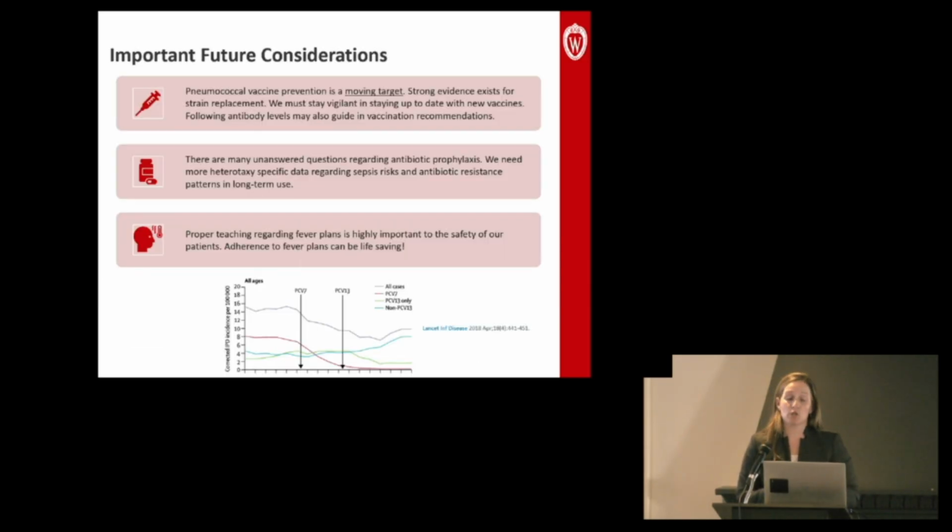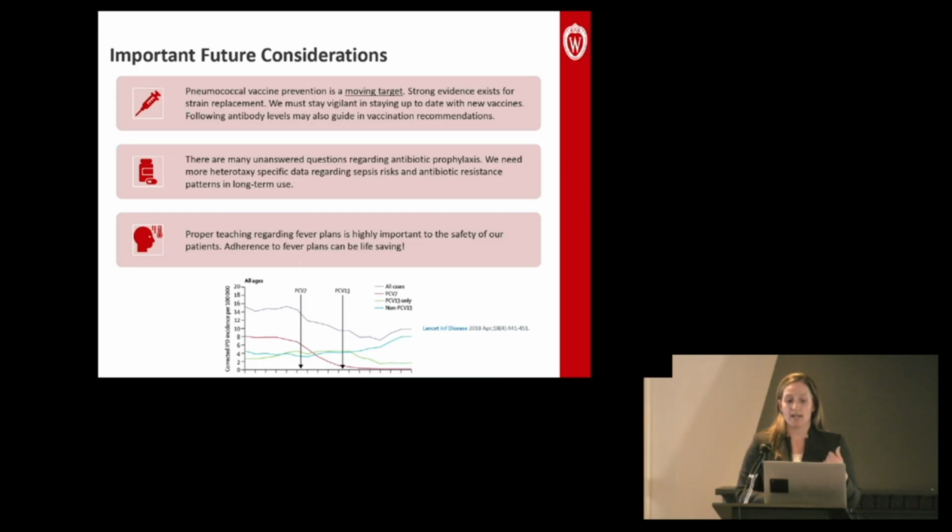So, important future considerations that I wanted to talk about before I wrapped up. Again, the pneumococcal vaccine is such a powerful tool in our toolkit, but it's not perfect. We have to remember that even though our pneumococcal vaccines are covering up to 20 to 23 serotypes, there are other serotypes of pneumococcus, and children run into things that are not in the vaccine.